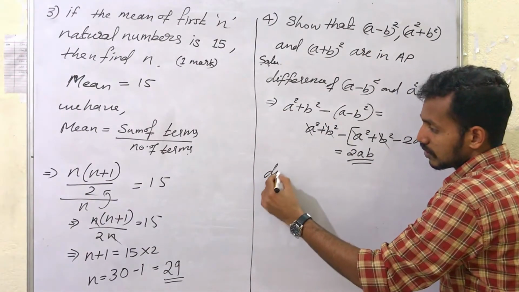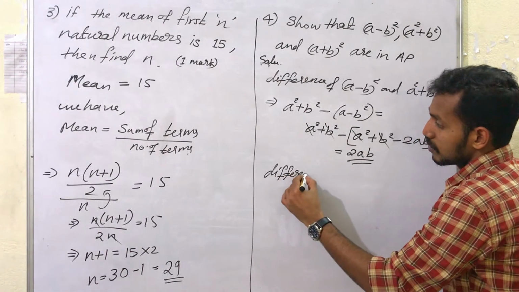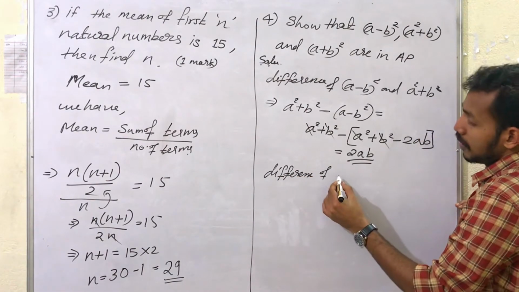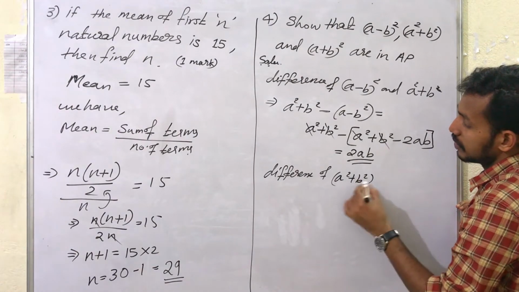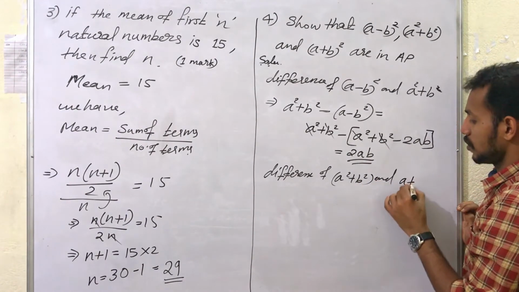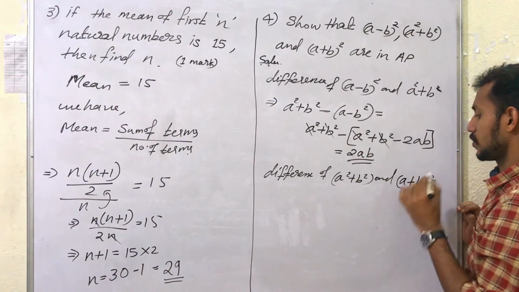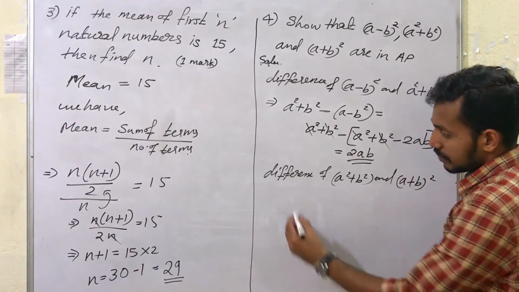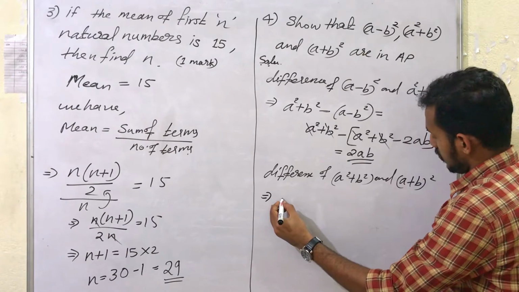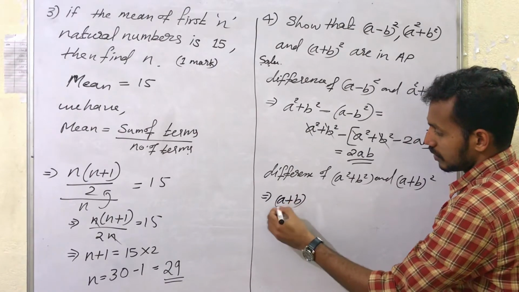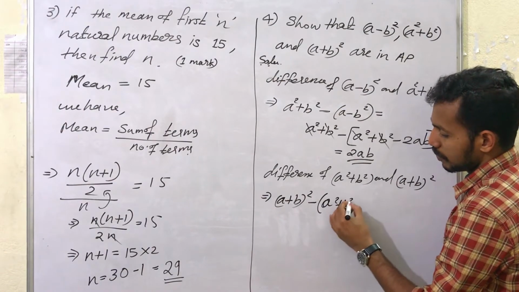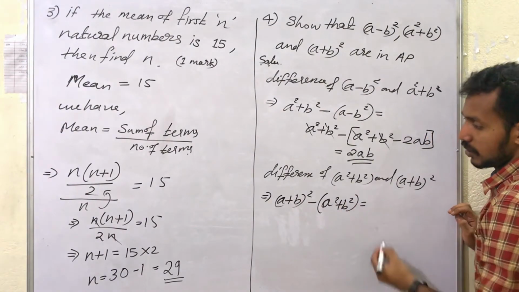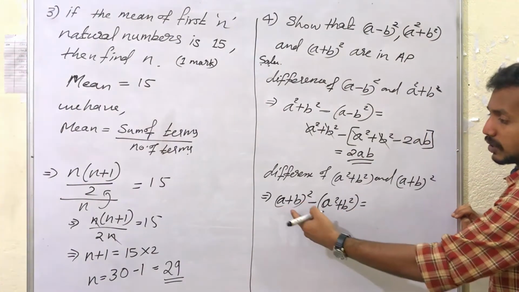Next, the difference of a square plus b square and (a plus b) whole square. So what will we get? That implies (a plus b) whole square minus a square plus b square, which is equal to, use algebraic identity to expand it.